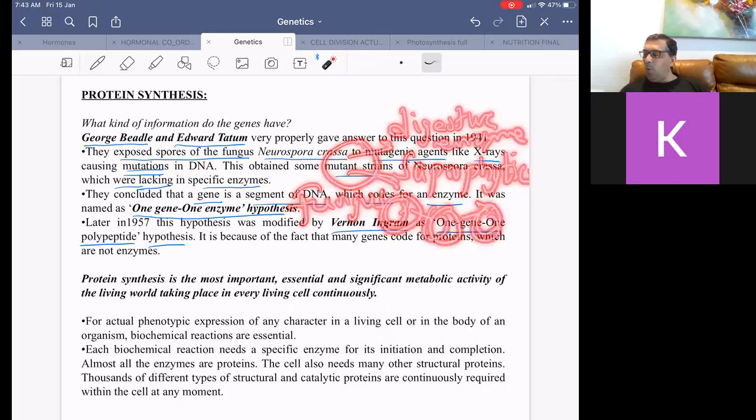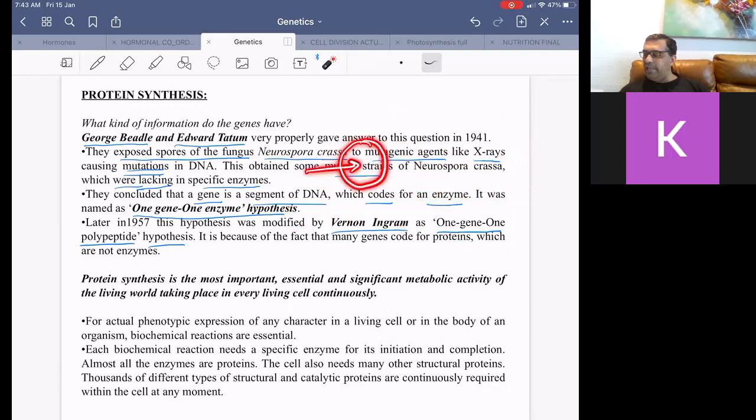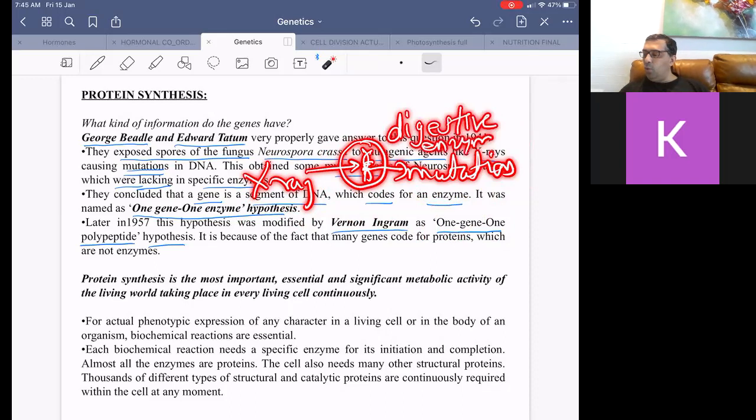When this spore was exposed to X-ray, the gene undergoing formation of the saprophytic enzyme underwent a mutation. तो mutate हो गया and the digestive enzyme was not produced, and replication of spores stopped.